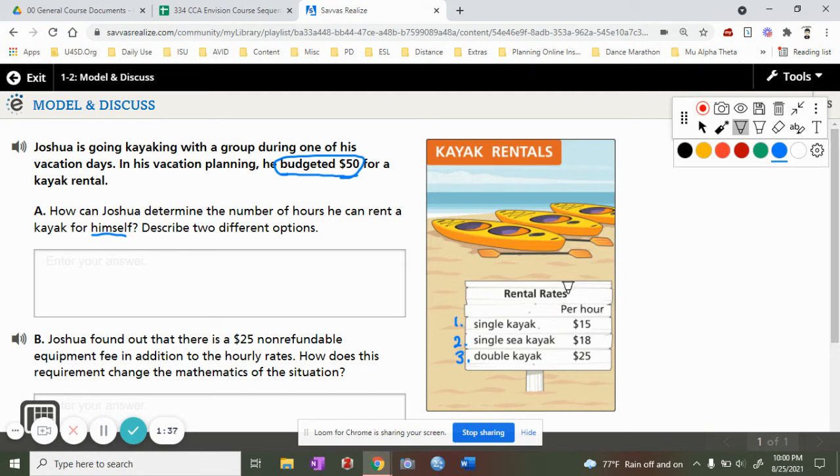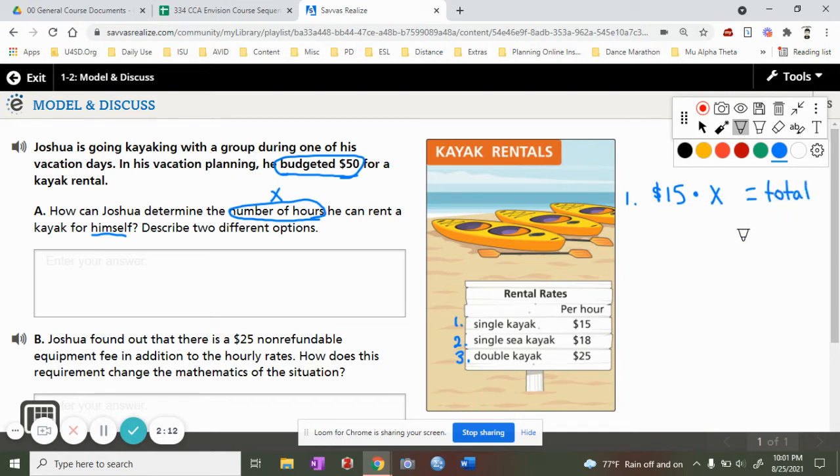So we want to define this per hour. That's what we're looking for. The number of hours here is our variable. That's my x. So if I have $15 per hour, as in example 1, the single kayak, I'm going to take that 15 times the number of hours to get my total.